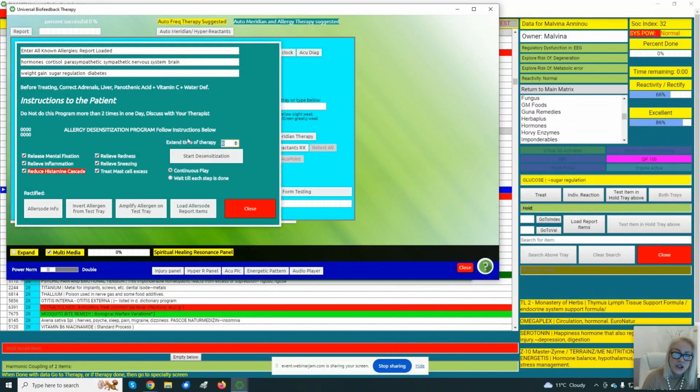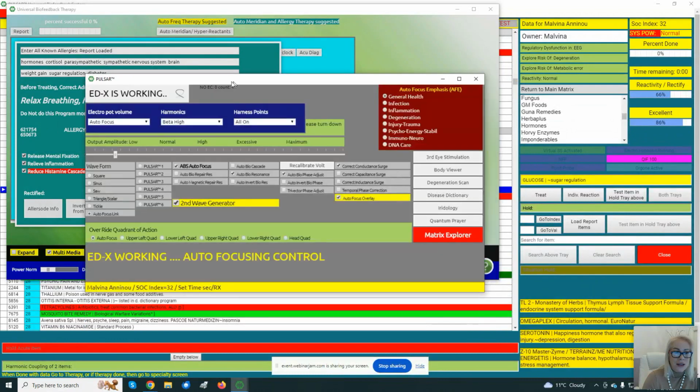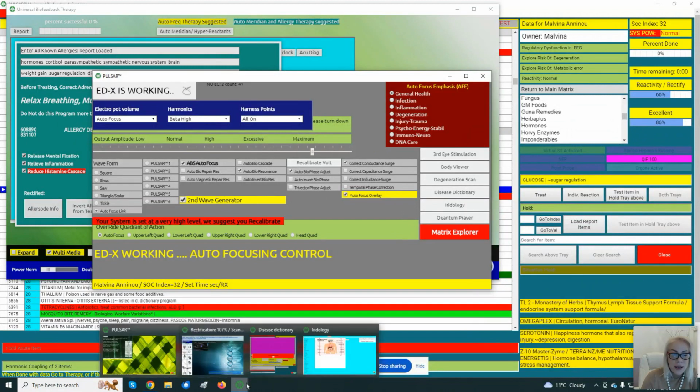Remember, this is extension of time. So you extend the time more than what it usually does by either an additional 1 minute or an additional 3 minutes. Okay, I'm just going to do the desensitization as it does, so I don't take too much time. And, remember, our piggyback programs are those programs used to enhance the main therapy that you're doing.